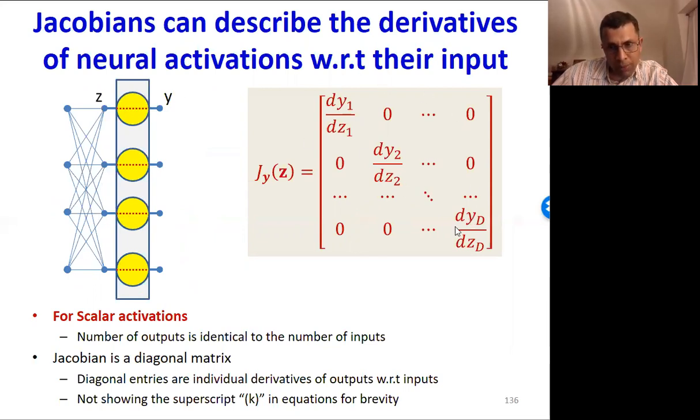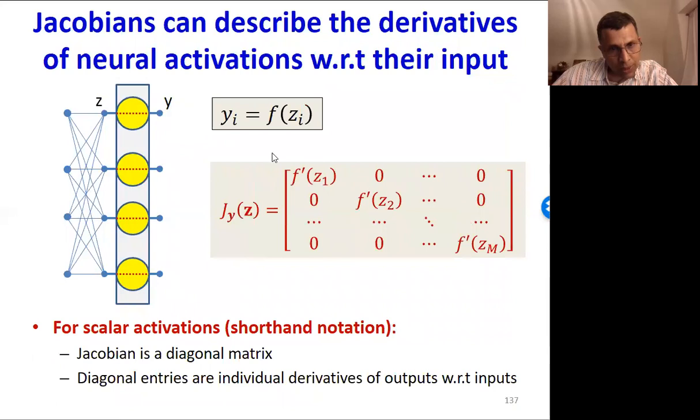So the Jacobian matrix over here is going to be a diagonal matrix where each diagonal entry is the derivative of the corresponding y with respect to its own z.